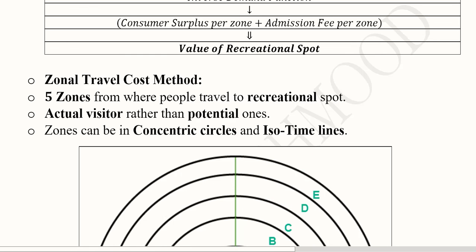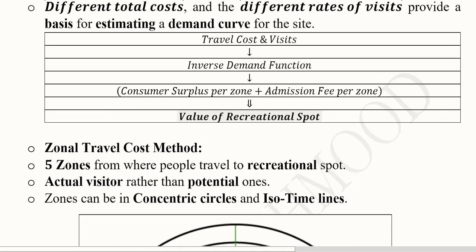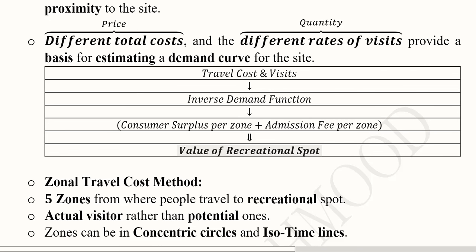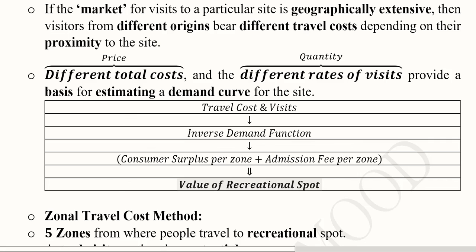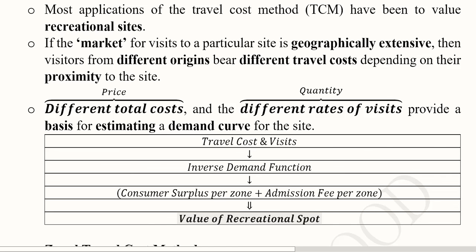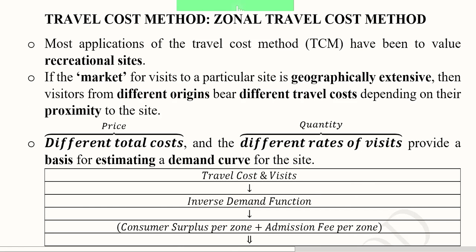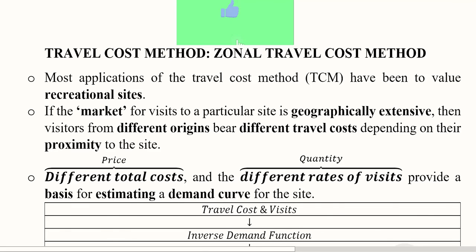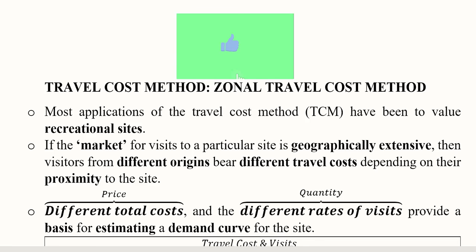We were focusing on the zonal travel cost method, where we divided various segments into zones, and this was the whole process in this flow chart. This is the base for the regression, the relationship, the inverse demand function, and this was the basic idea of the travel cost method, that is the zonal travel cost method.